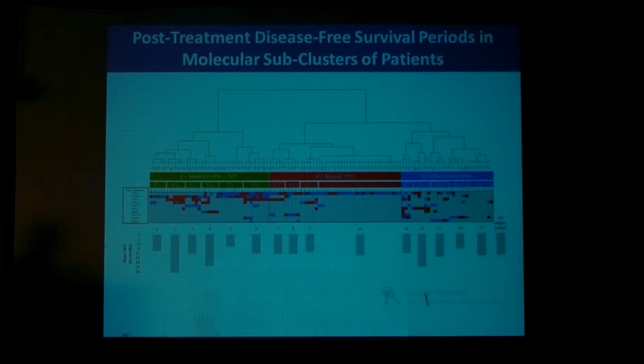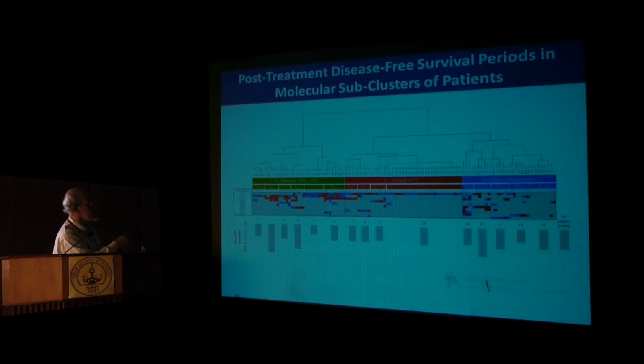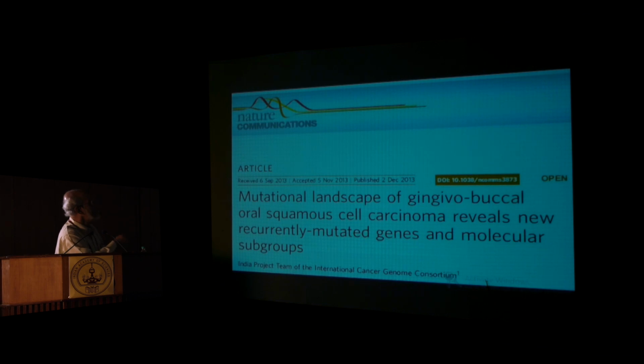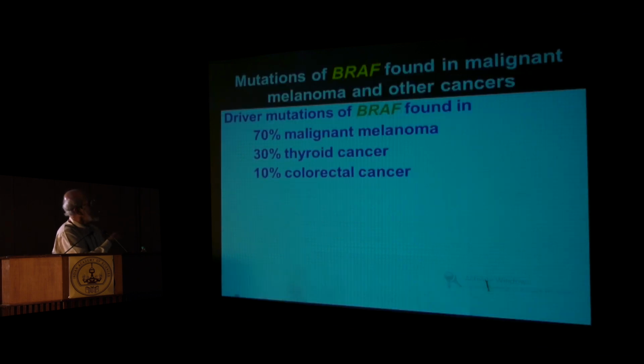So having mutations in certain genes is more helpful in the sense that after you go through the same treatment, you will be able to survive longer. So the prediction as to how long a patient might survive will depend on where we find the gene mutation. This is one of those genes, called MLL4, that gives a huge survival advantage. We published this some years ago.